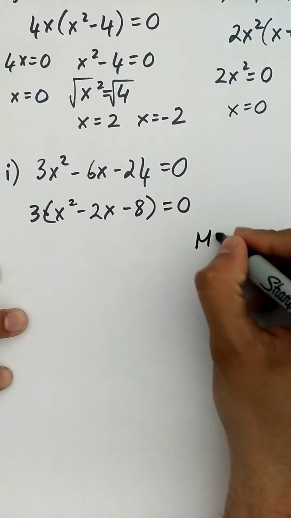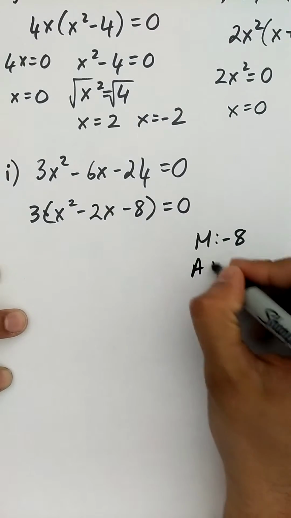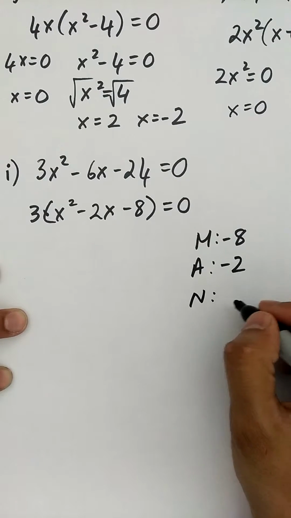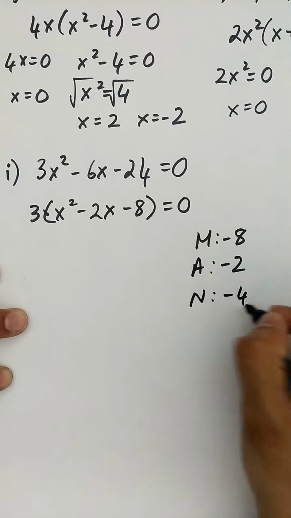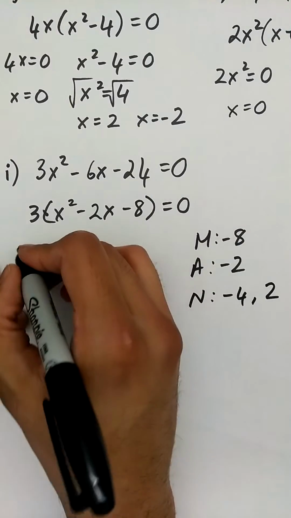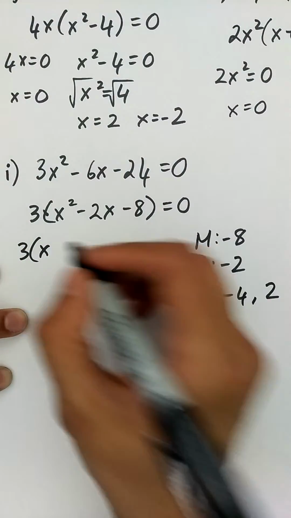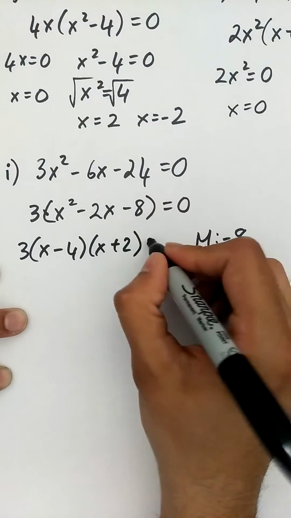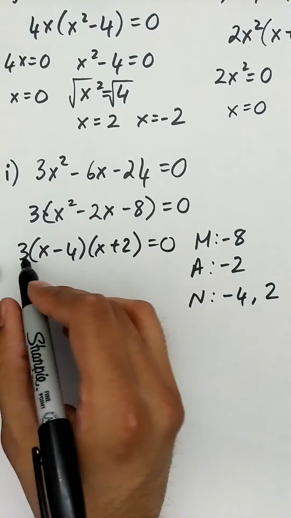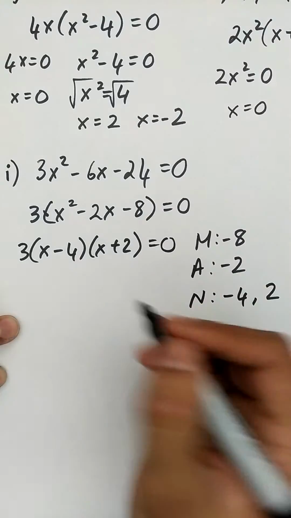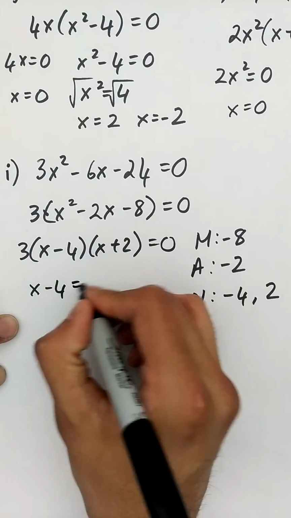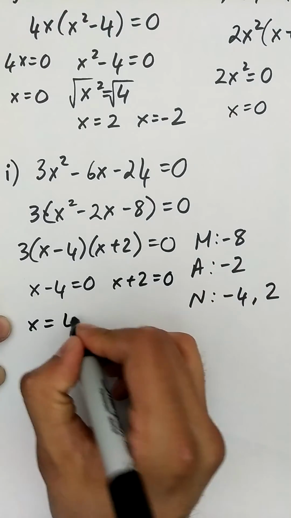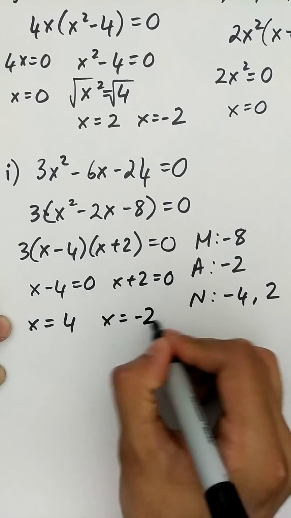So my M is -8, my A is -2, my numbers are -4 and 2. So I have 3, x minus 4, x plus 2 equals 0. So the 3 I can ignore because there's no x term over there, so you just have x minus 4 equals 0, or x plus 2 equals 0, x equals 4, or x equals -2.